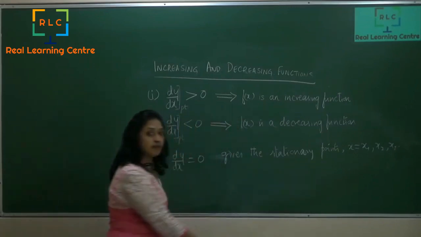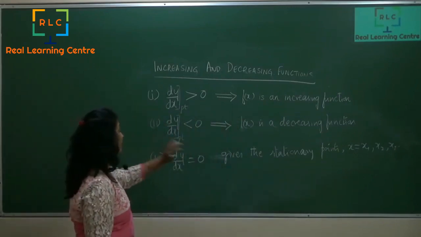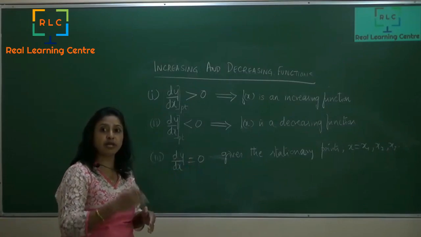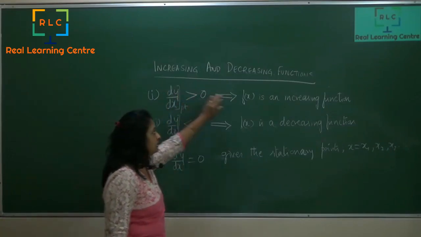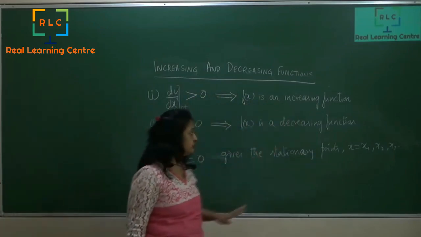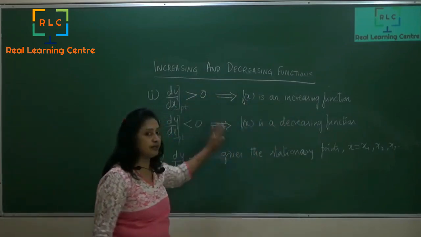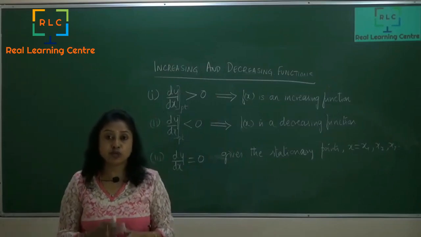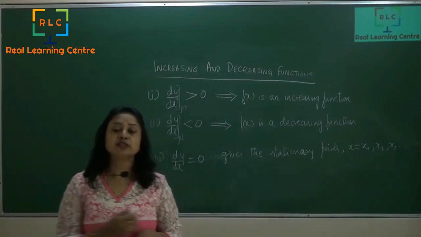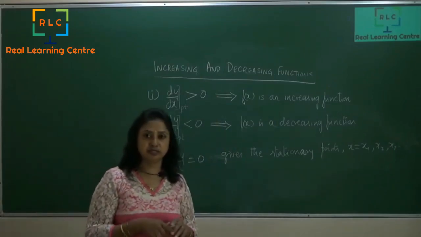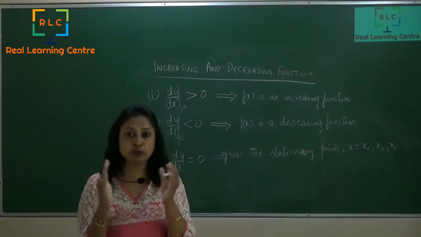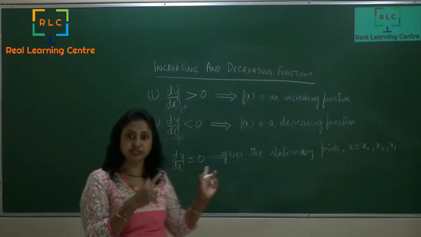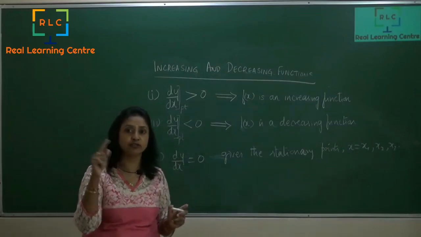And without making it equal to 0, for every point, if it is positive, then I say it is an increasing function. This is the point I want you to understand for your objectives in JEE. If they give you a curve equation and ask whether it is increasing or decreasing, giving you an interval, you have to differentiate it because I have to find the slope of the tangent.